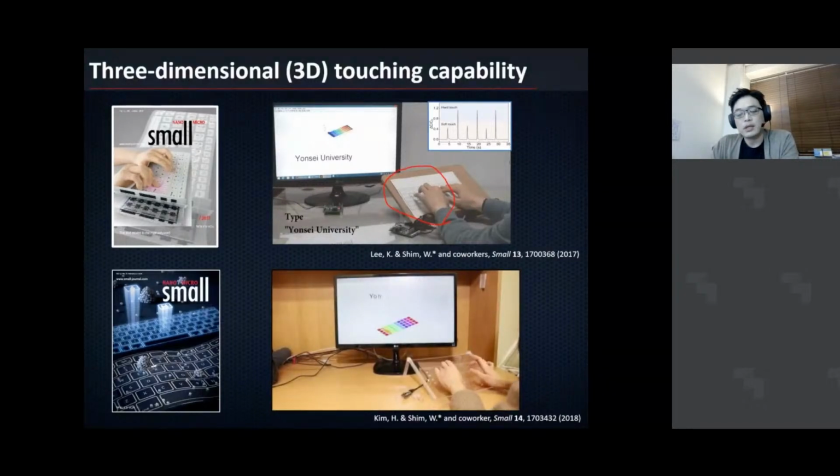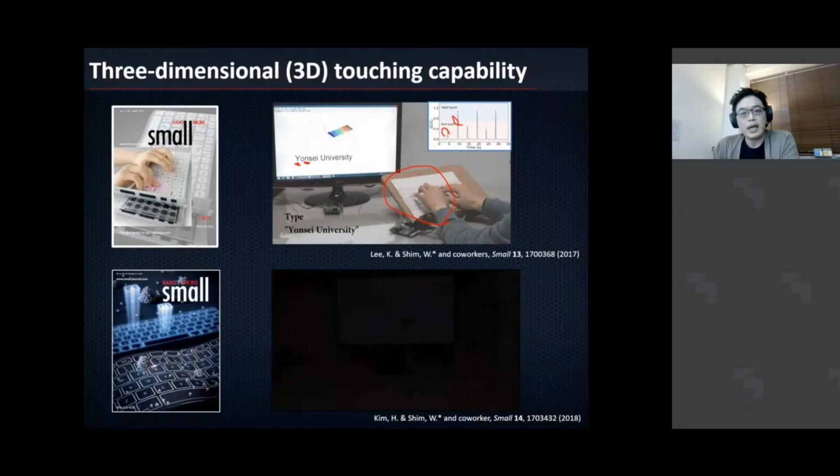Depending on the magnitude of your touch, you can define soft and hard. That means you can push hard to type a capital or small letter. As well as the XY registration, you also define the Z direction input, which is a 3D touch capability you can realize out of a very simple writing process on paper.